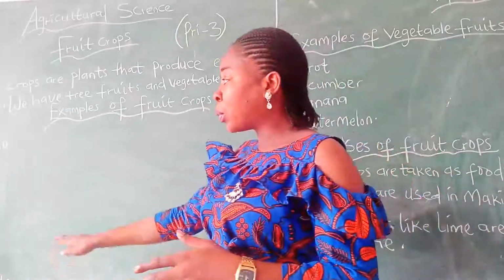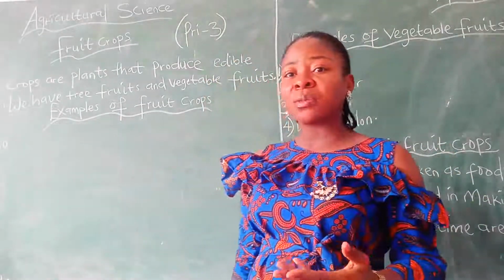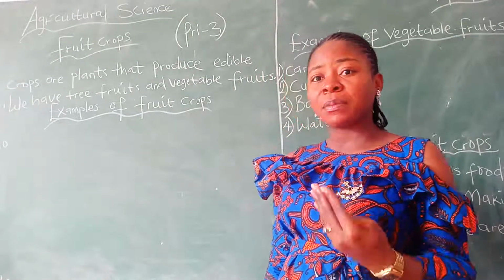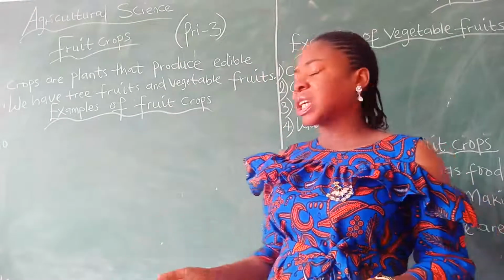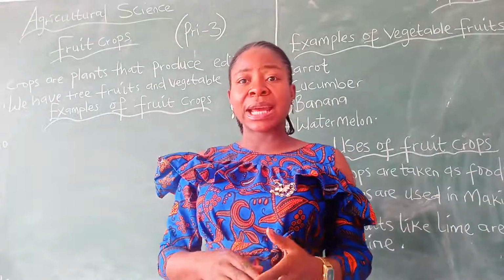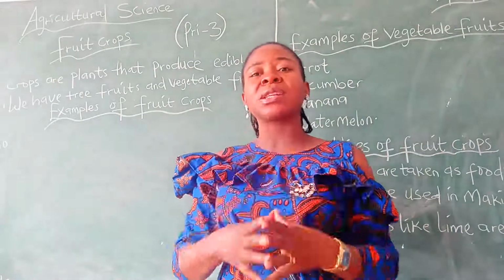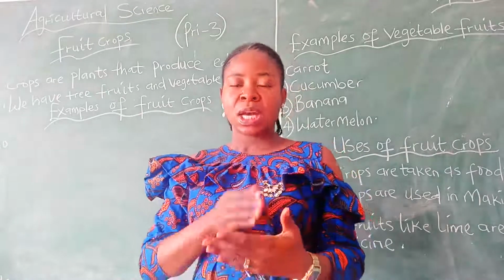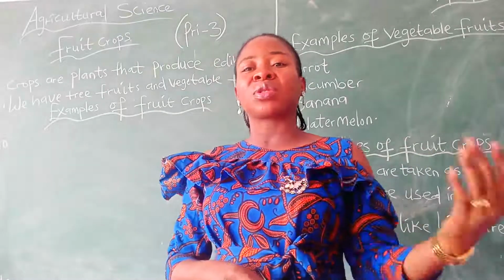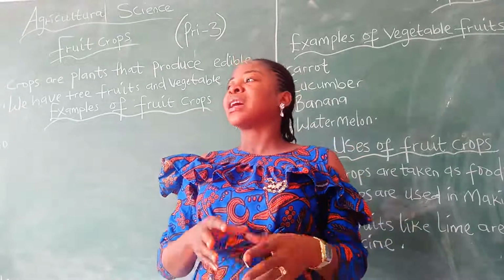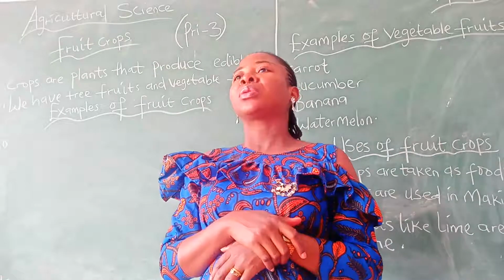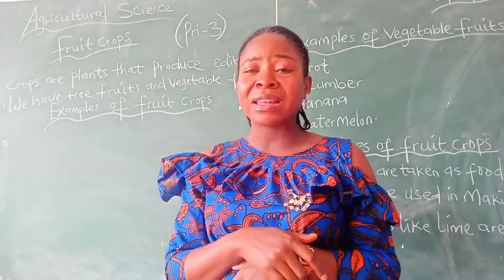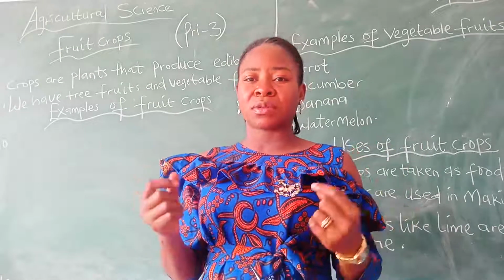Examples of tree fruits: mango, apple, orange, grape, guava, lemon, pear, berry, and so on. Those ones you can get on the tree. They are plantation crops. They are crops that you plant and you wait. Sometimes they take 15 years, 10 years before you start getting the fruits.